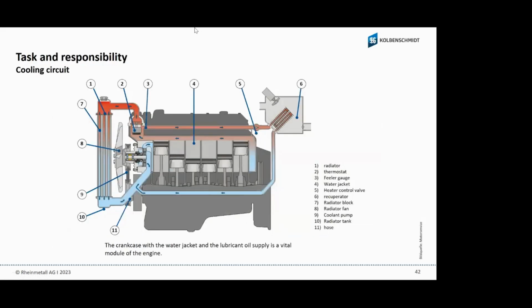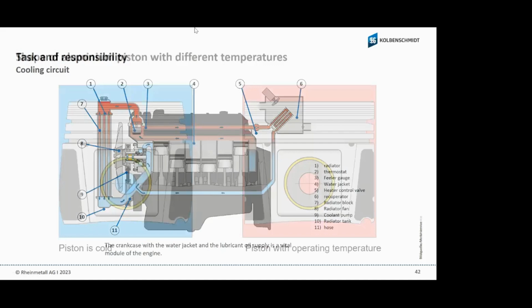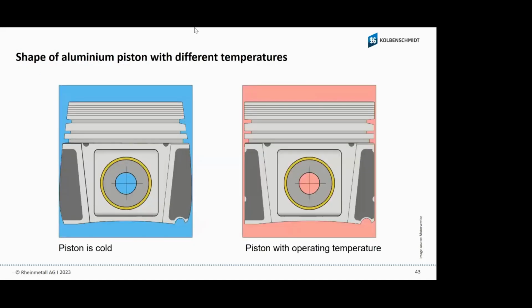Another point can be the responsibility of the cooling circuit. When the engine is cold, you remember this slide, this car was standing in the snow, and every time you start the engine in cold condition and bring it very quickly into the warm condition where the engine runs normally, the piston is not in line with the bore.